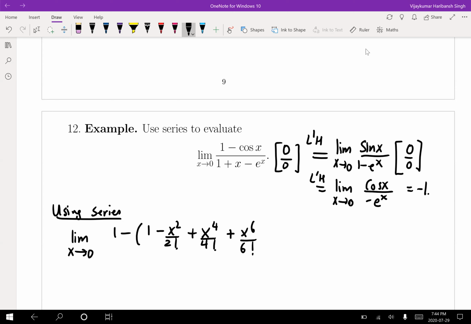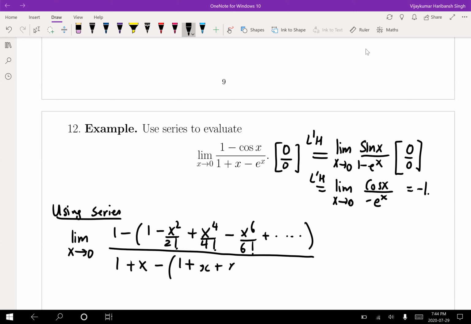My bad, this has to be a minus sign, and the process continues. Then we have 1 plus x minus, what is the e to the x series? 1 plus x plus x squared by 2 factorial plus x cubed by 3 factorial, and so on.